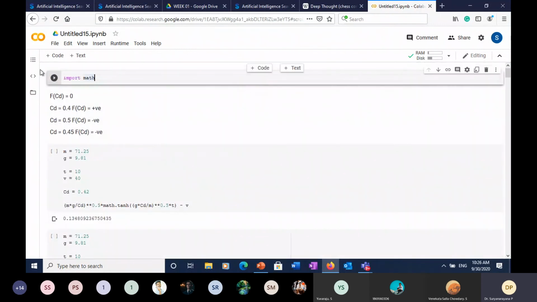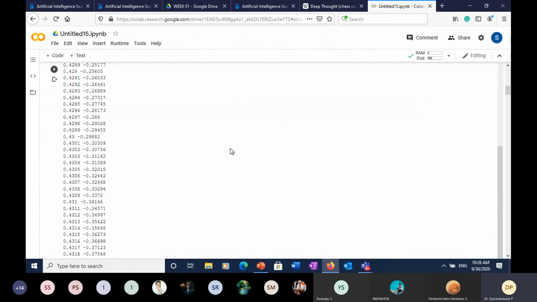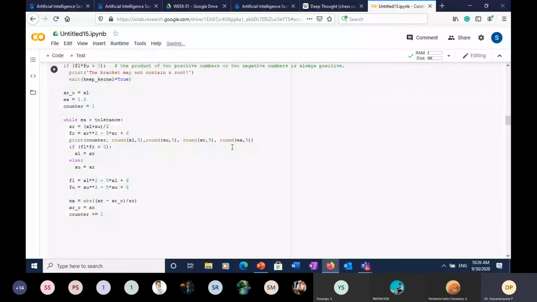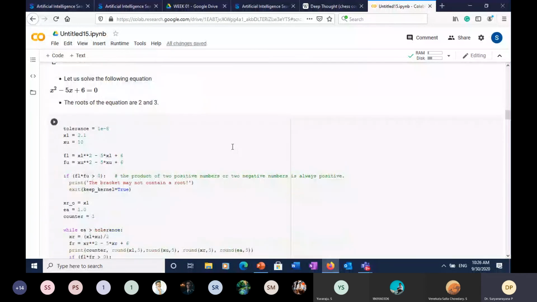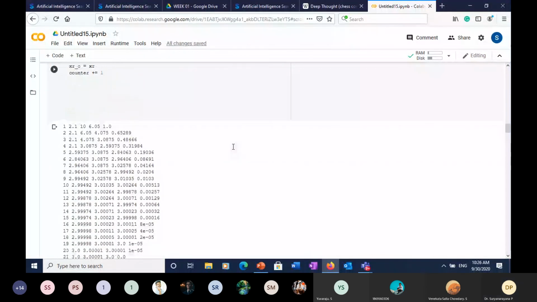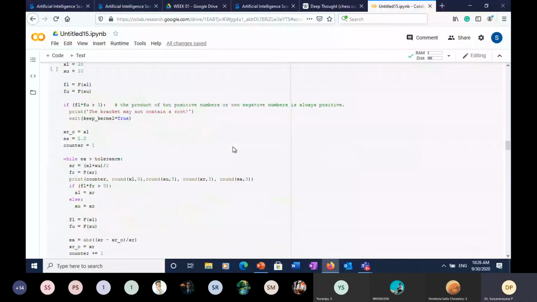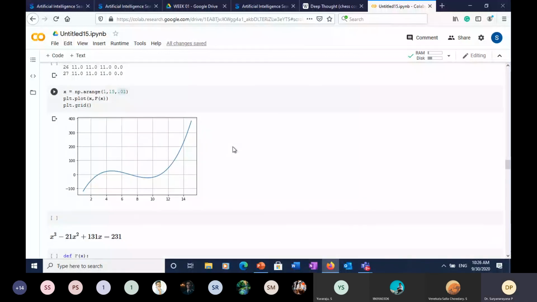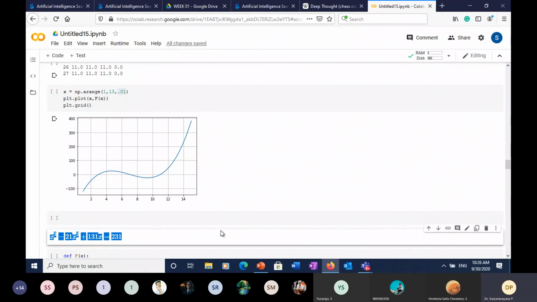At the beginning we have this library, I load that one also. Okay, so as an exercise, a hands-on exercise on topics that we have learned on the bracketing method, I'll try and solve this cubic equation.